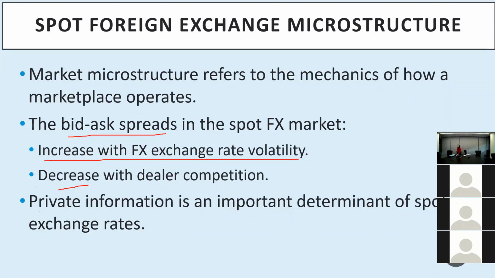Okay. So finally, with any kind of financial markets, when you have private information, it normally can move the prices in the market, yeah? So with foreign exchange markets, private information is a very important determinant of the exchange rates.